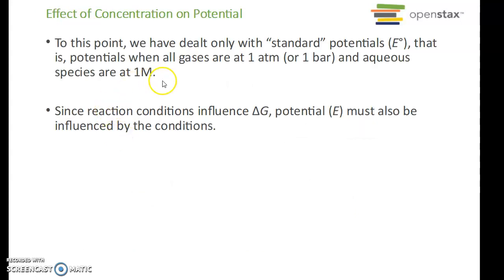Now, to this point, we've dealt only with standard potential energies. Okay? Gases are 1 atmosphere or 1 bar, and the species are 1 molar. Since reaction conditions influence these 3 variables, the Gibbs free energy and the potential energy, this potential energy is also influenced by these conditions.